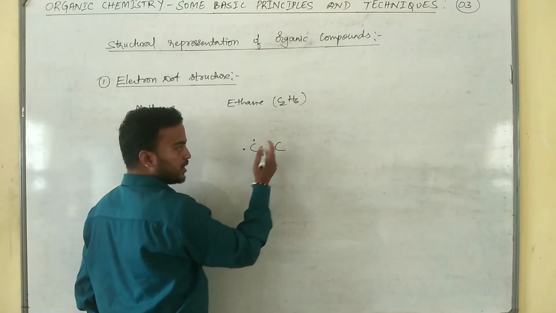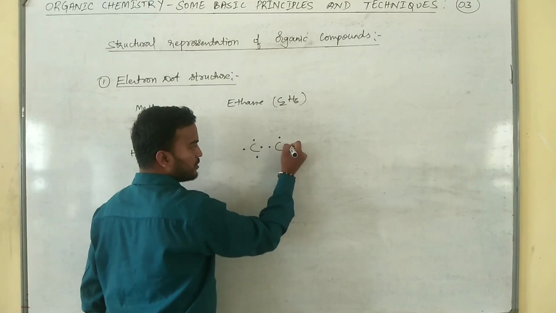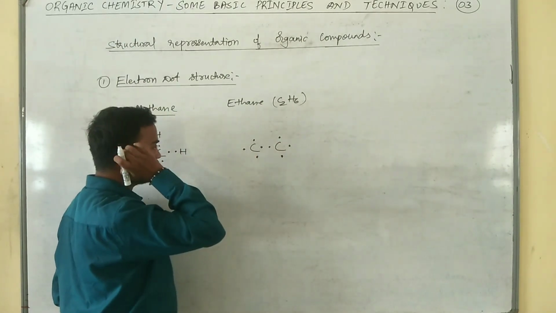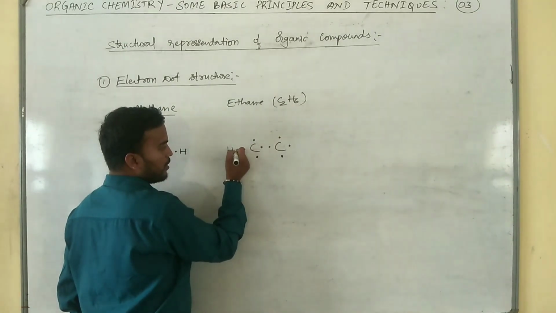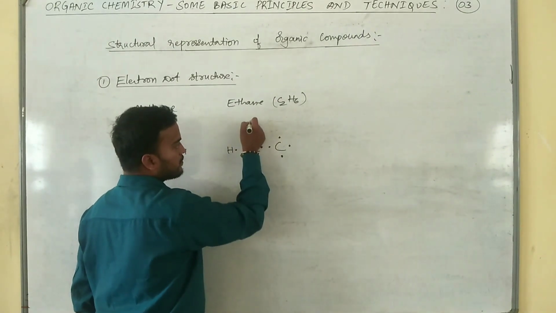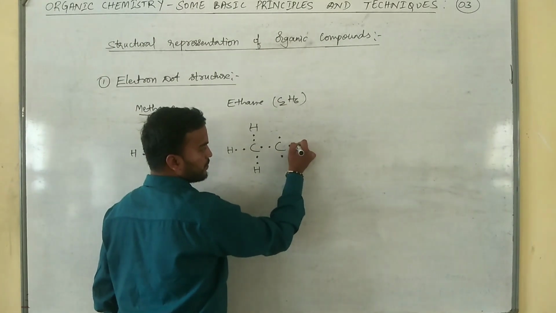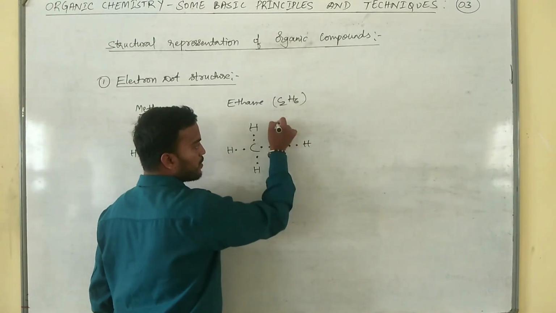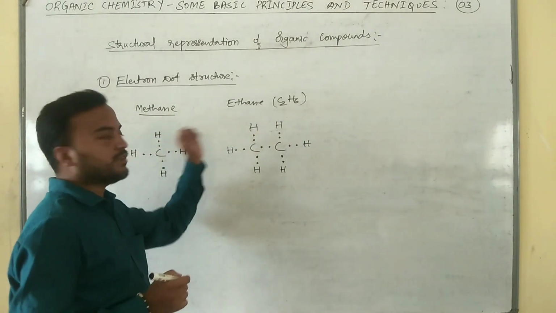This carbon also has 4 electrons in the valence shell. Next, 6 hydrogens along with 1 electron each: 1, 2, 3. So this is the electron dot structure of ethane.